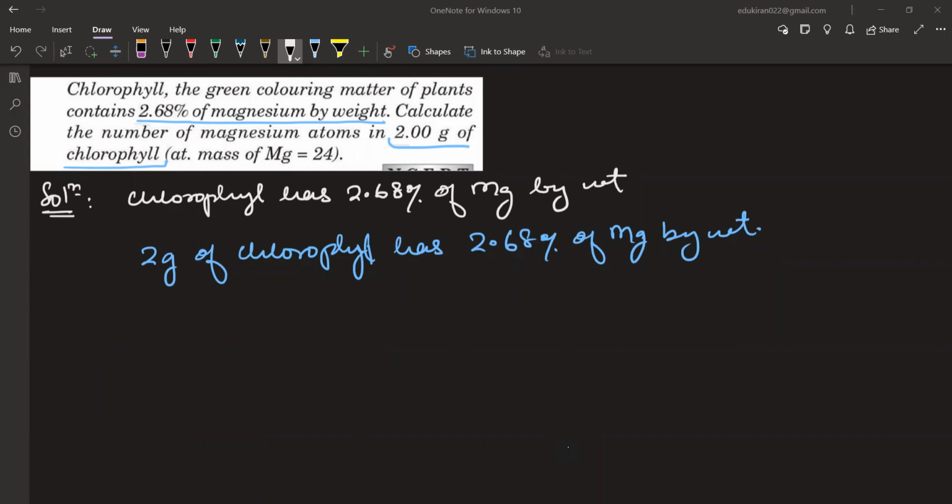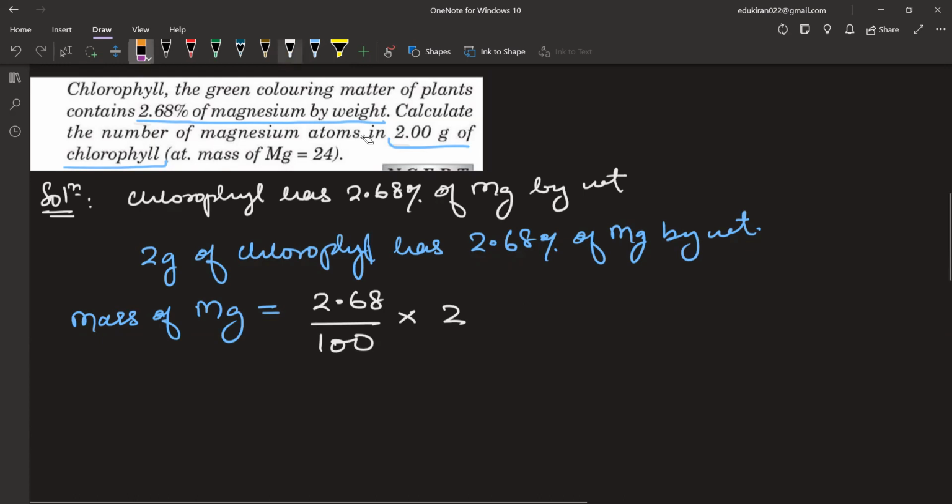Okay, fine. Now you will calculate. The amount of magnesium, that is the mass of Mg, is equal to 2.68 upon 100 into 2, and all of this you will be getting in grams.